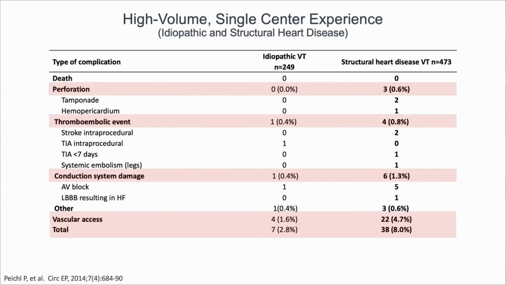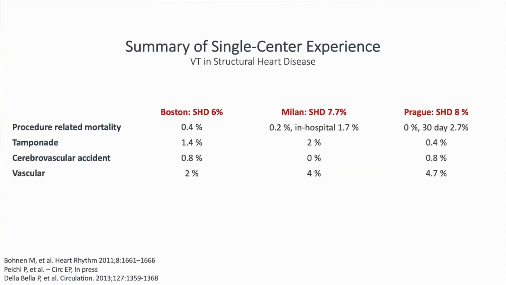Other perforation and thromboembolic events were below 1%. The next table compares a summary of single center experience of VT ablation in structural heart disease: tamponade in a range of 0.4 to 2%, cerebrovascular accident below 1%, and vascular complication in a range of 2 to 4.7%.